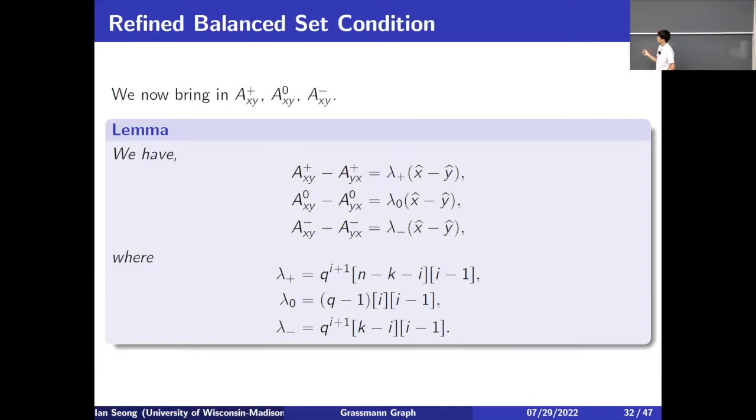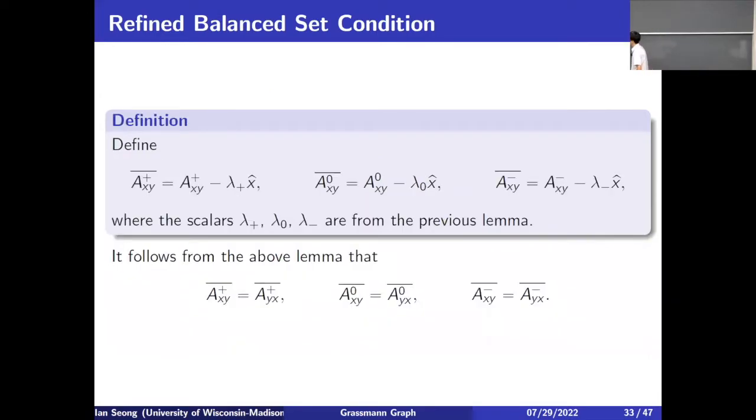Using this refined balanced set condition, we can define axy plus hat, axy not hat, axy plus bar, axy not bar, and axy minus bar. These are defined so that eventually axy plus bar is equal to ayx plus bar, and similarly for the nots and the minus.